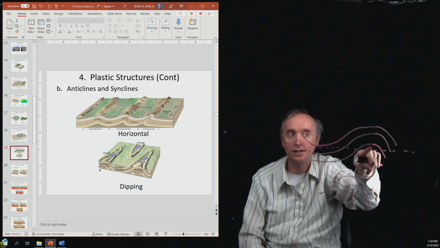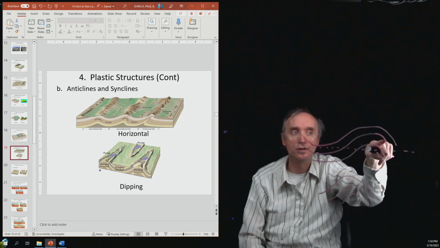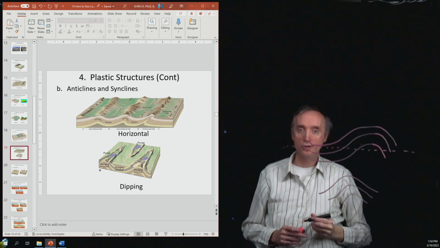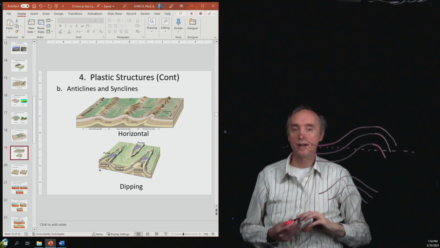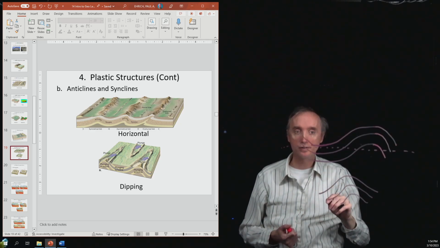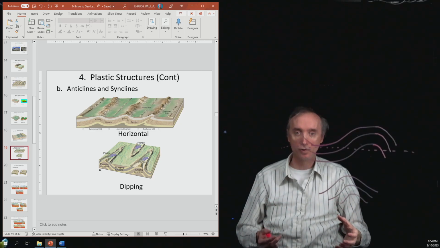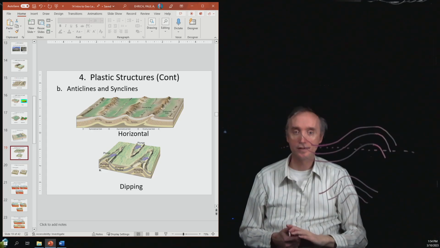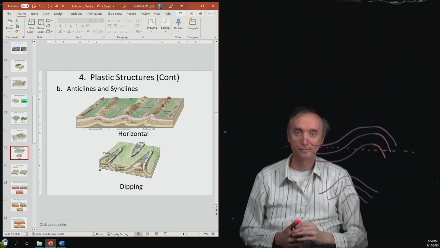Whereas in the anticline, the oldest rocks are going to be in the middle, and the youngest rocks are going to be on the outside. That's how you can tell whether you're looking at an anticline or a syncline. You look at the rocks, you measure which ones are the oldest ones, and then you can figure out whether it was an anticline or a syncline.